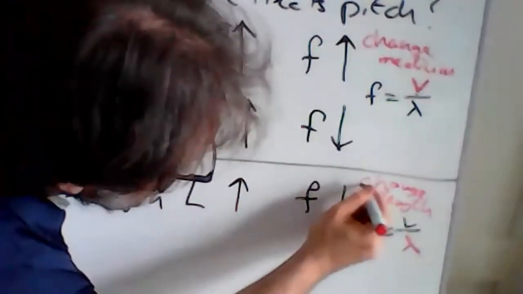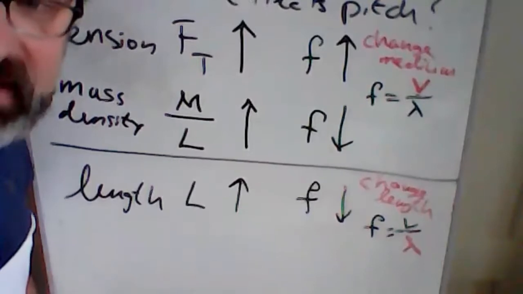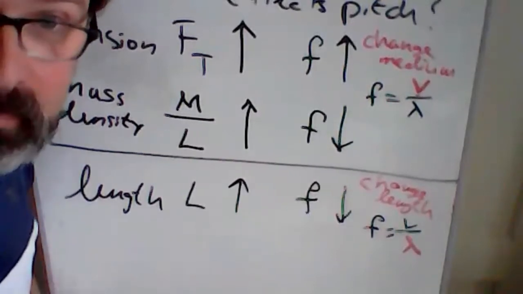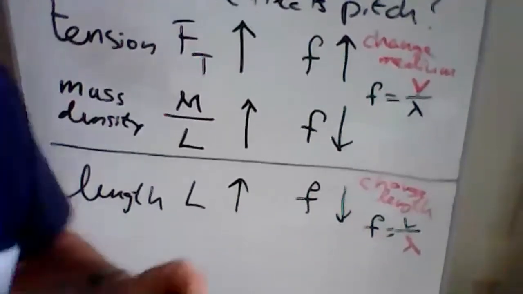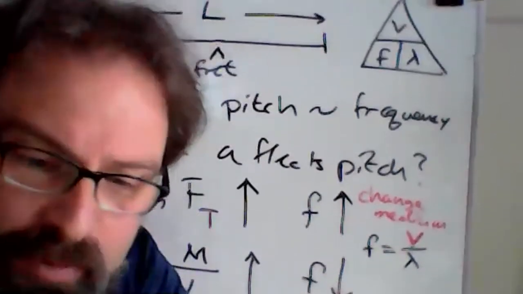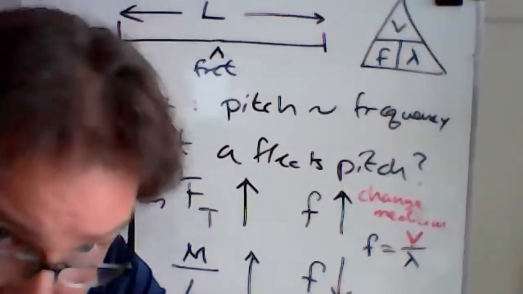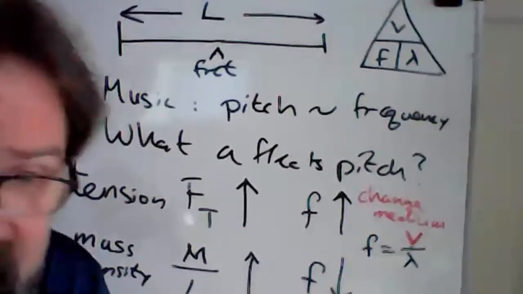We're changing the length, thereby lambda, and that affects our frequency. So we've laid the groundwork to talk more in detail about what frequency is produced by those strings and why. We're going to get to that next time.